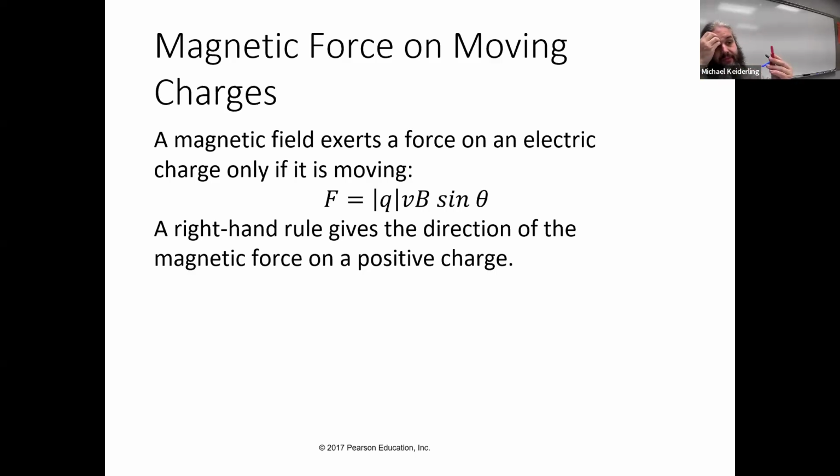So velocity would be your index finger. Magnetic field would be the direction you bend your fingers in, and your thumb would point in the direction of the force for a positive charge. Obviously, the opposite direction for a negative charge.